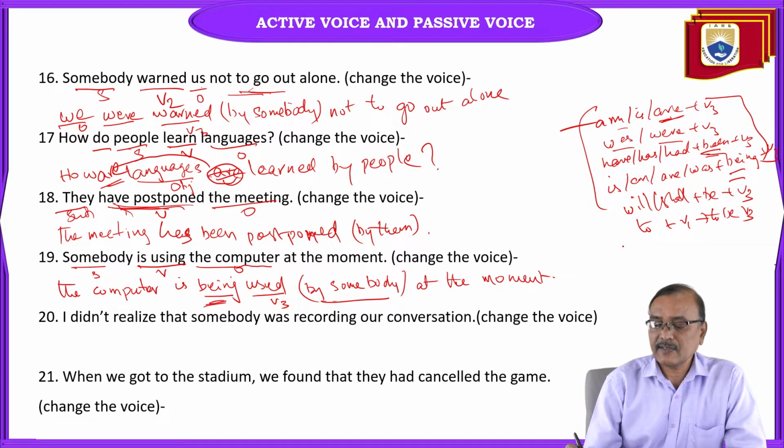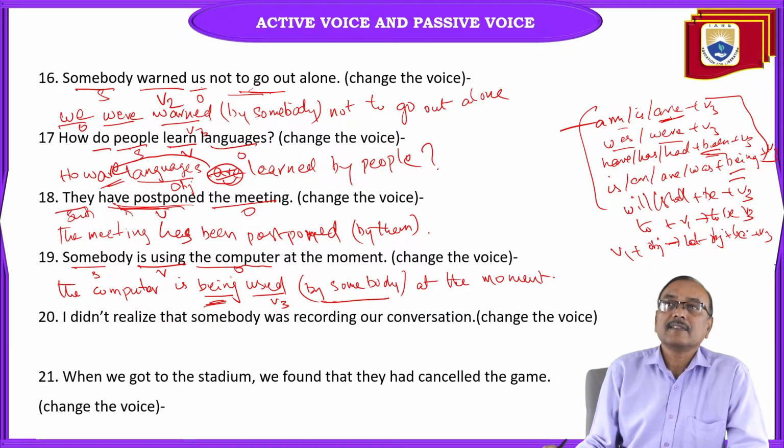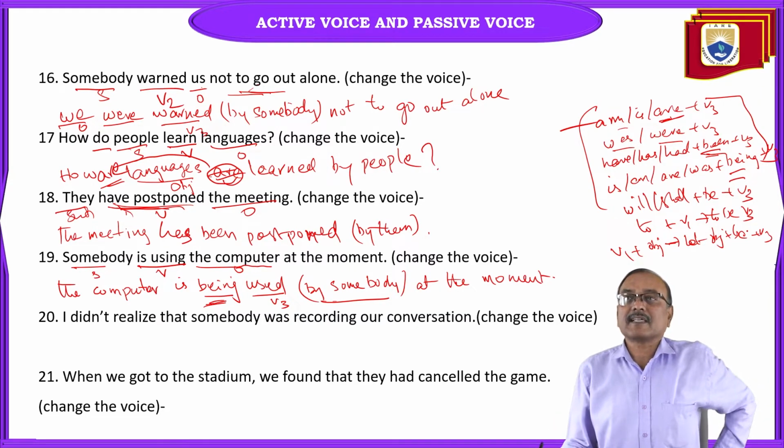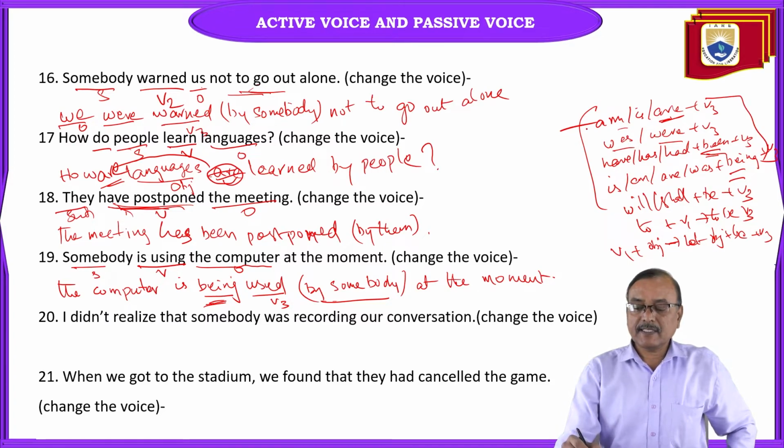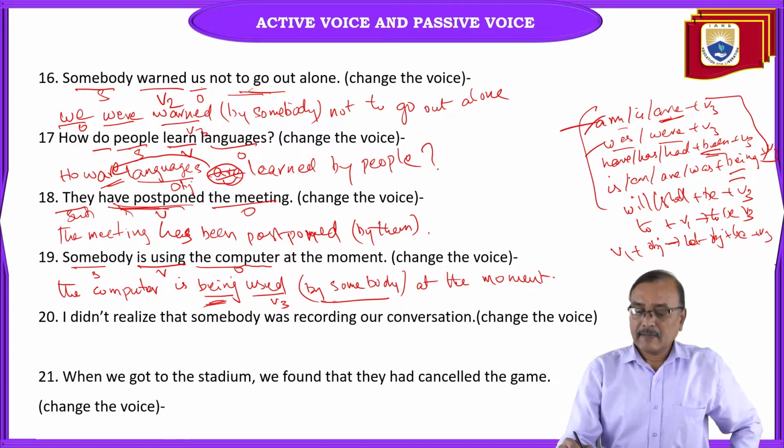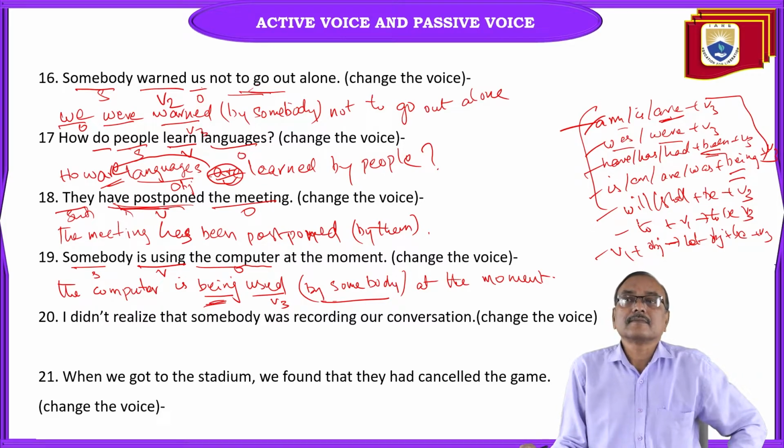If it is just V1 plus object, what do you use? Let the object be V3. Just remember these structures. This is for present, past, perfect, continuous tense, future tense, to V1, and imperative.